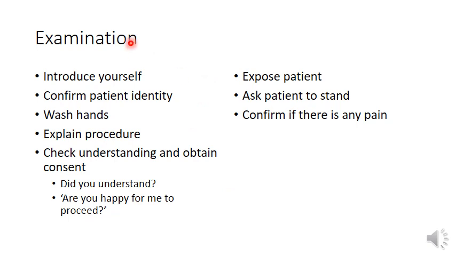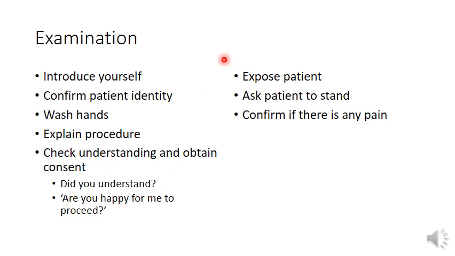In shoulder examination, we need to introduce ourselves, confirm the patient's name, wash hands, explain the procedure. Okay, then what are we going to do? We are going to move the shoulder joint, and we will be doing certain tests to find out what could be the problem, and reassure that there is no pain, and if there is any pain we would be able to stop the tests immediately.